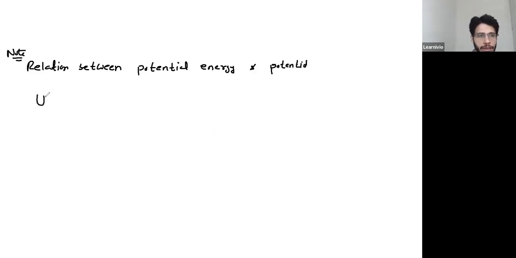See, potential energy was equal to work done. This is potential energy. But potential is work done divided by mass. This is potential. So you can easily relate them.